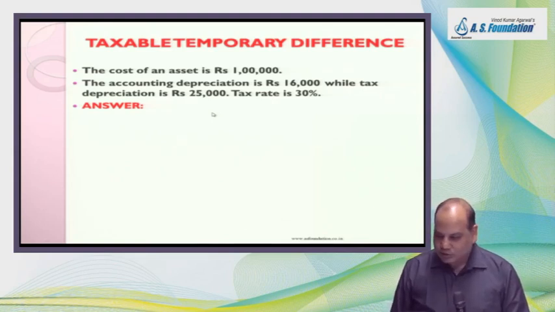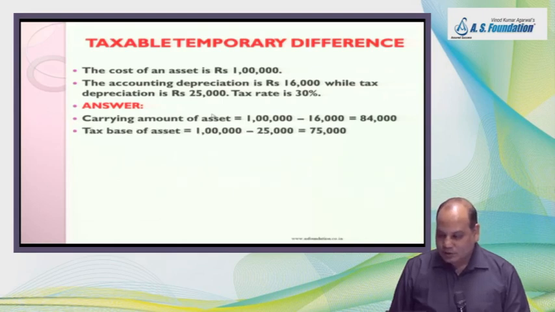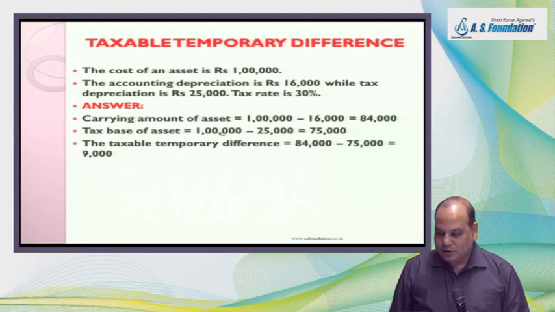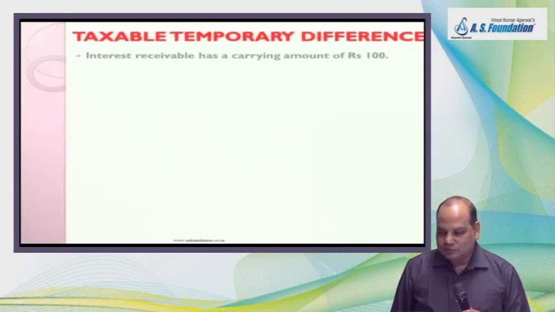Write down the carrying amount is 84,000. Then write down the tax base, 75,000. Then check whether it is TTD or DTD. TTD 9,000. Then check DTL, 30% of 9,000, 2,700. Done. Now it looks simple.